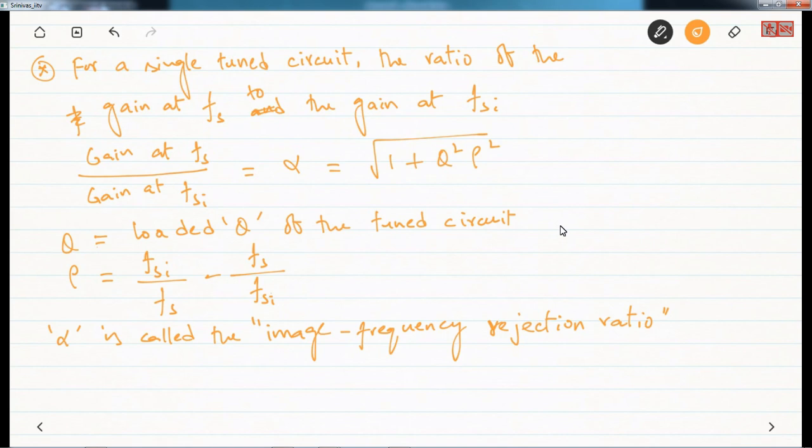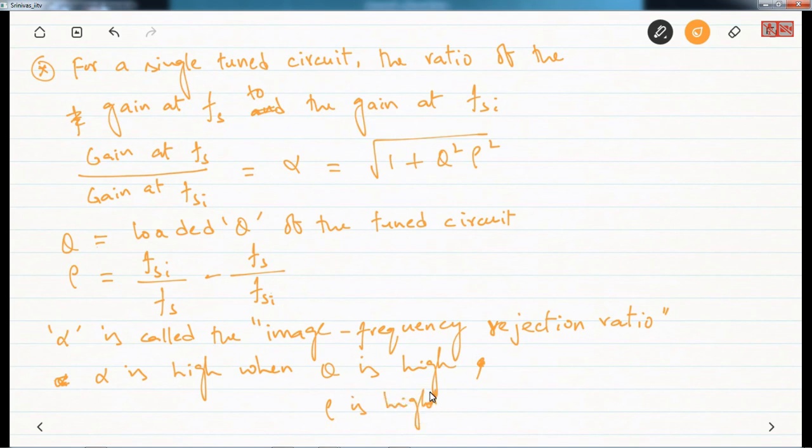If alpha is high, that's a good thing. Alpha is high when Q is high and also when rho is high.